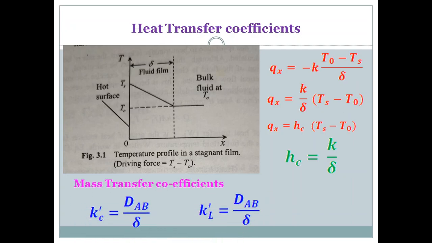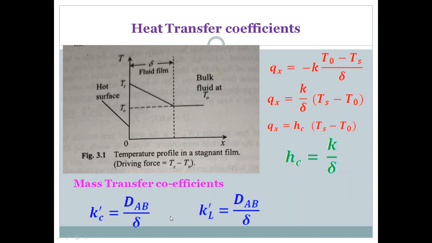Similarly, for mass transfer also, if you see k prime c, that means equimolar counter diffusion, where molar concentration is the driving force, it is also D AB by delta, diffusivity by delta. It is thermal conductivity by delta in the case of heat transfer.